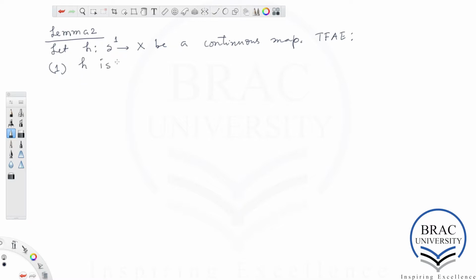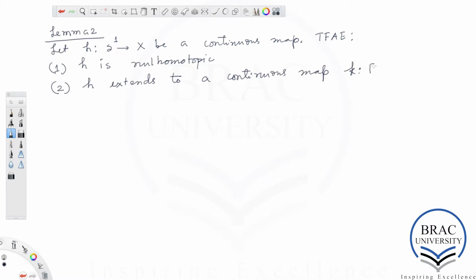H is null homotopic. The second statement says that H extends to a continuous map K from the unit ball to the given topological space X.